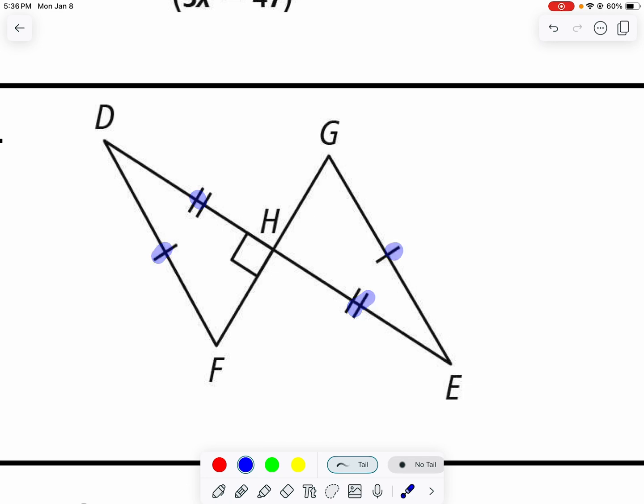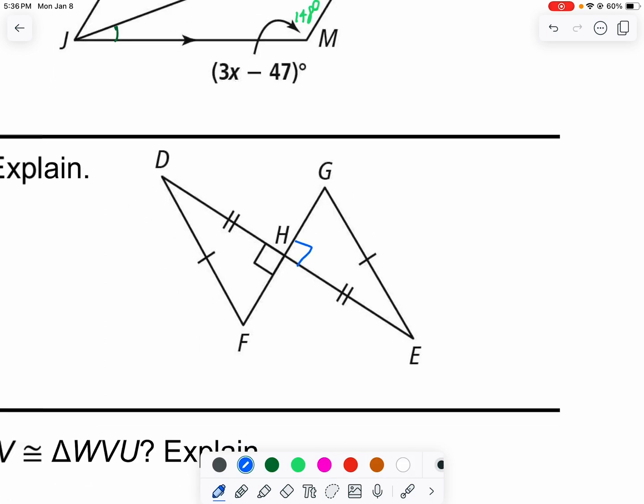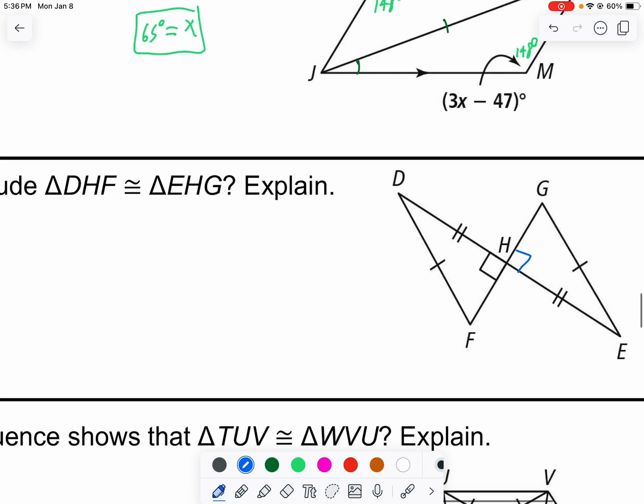This one looks like it could be, but we don't know if it's a right triangle yet, except we do, because these are vertical angles. Vertical angles are going to be congruent. So we know that DHF is congruent to EHG by hypotenuse leg using vertical angles.